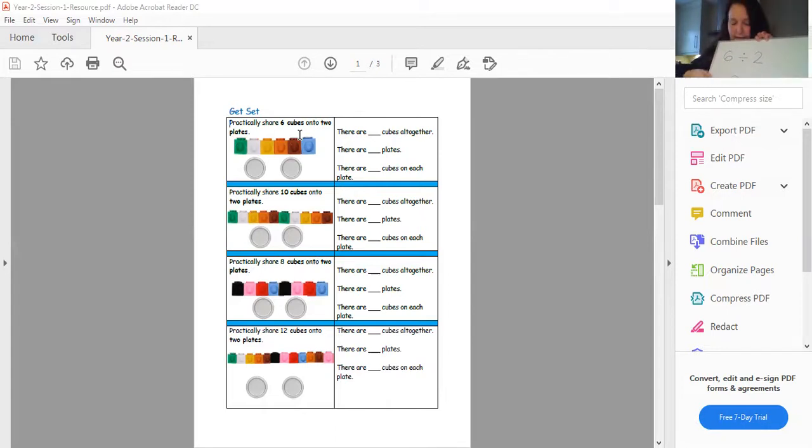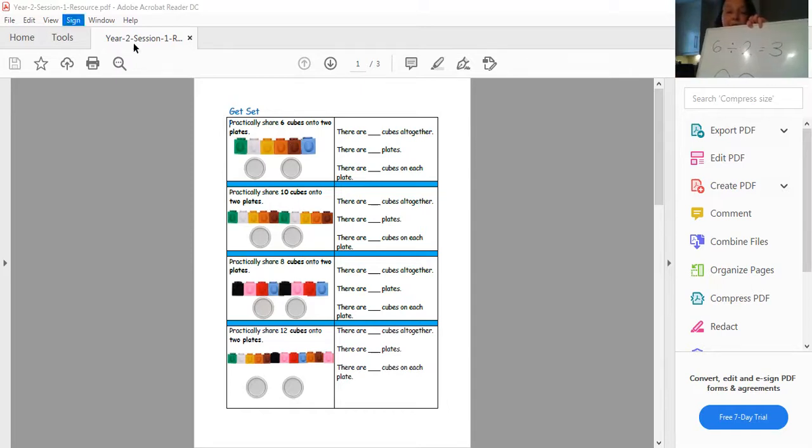Here's my plates. 1, 2. And I'm going to share out my 6 cubes. 1, 2, 3, 4, 5, 6. So I can see there are 3 on each plate. So my answer is 3.